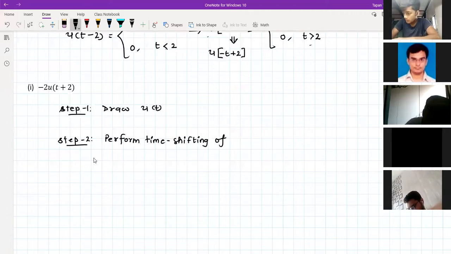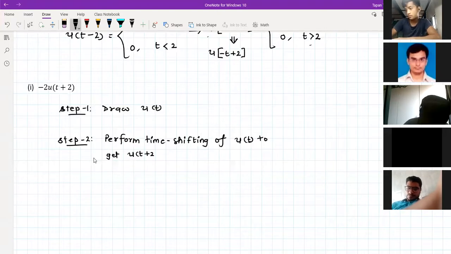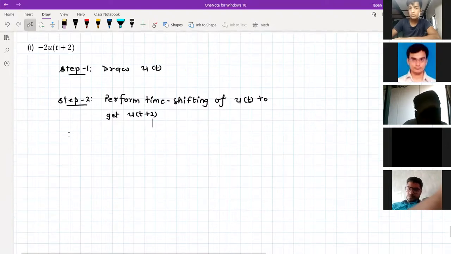of u of t to get u of t plus 2. Okay. Now you will tell me how will it look like.